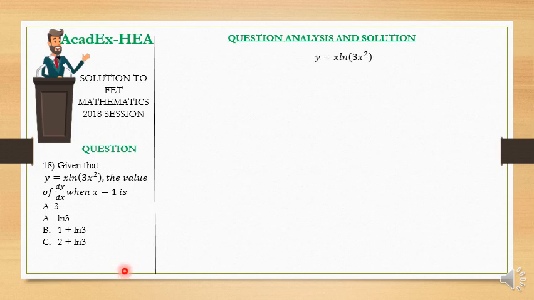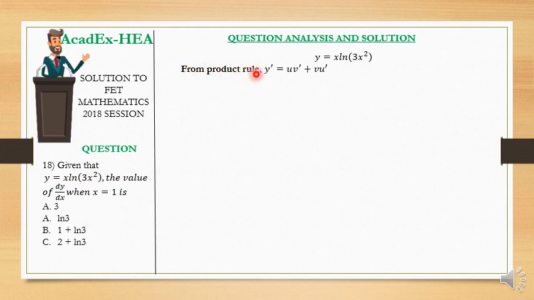We are given the function y equal to x ln of 3x squared. So we are going to differentiate this function of y, and we can differentiate this by using product rule.